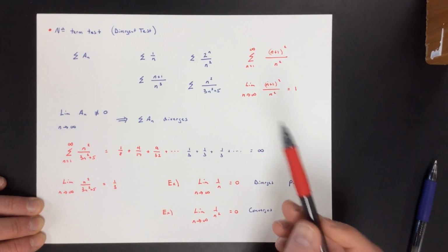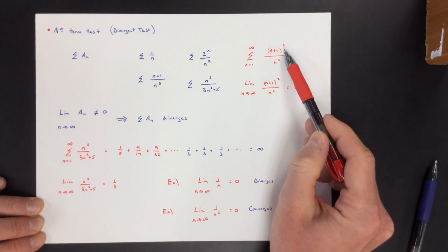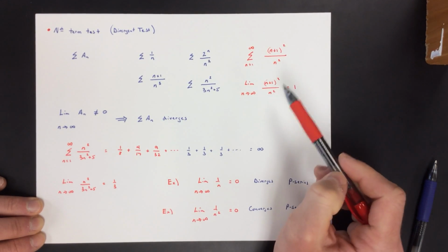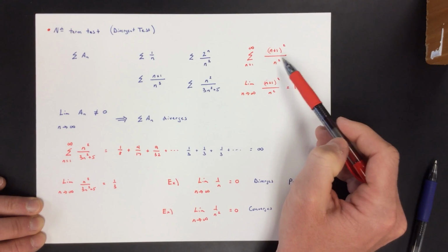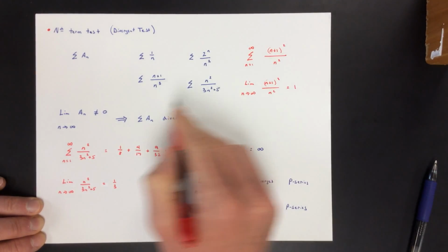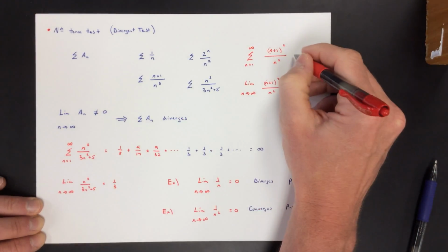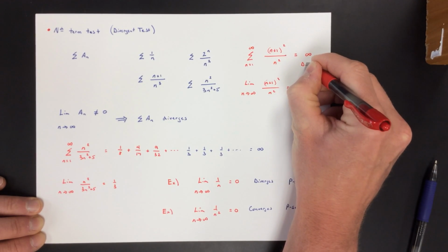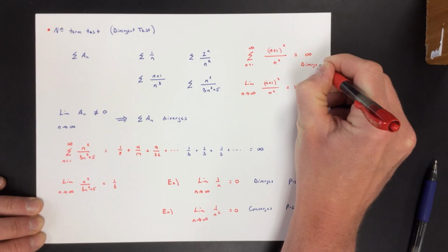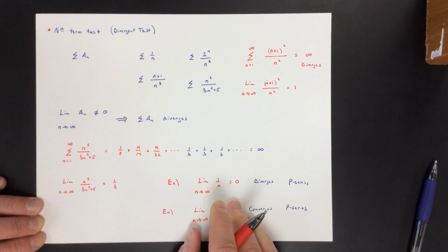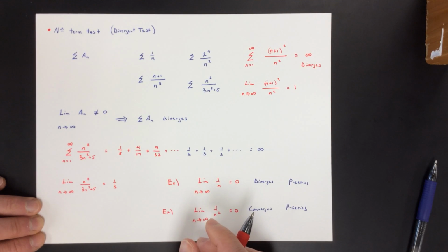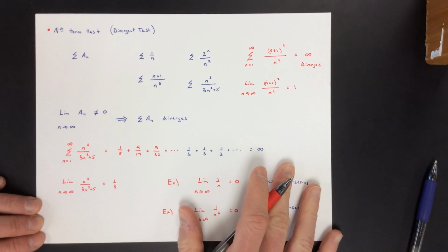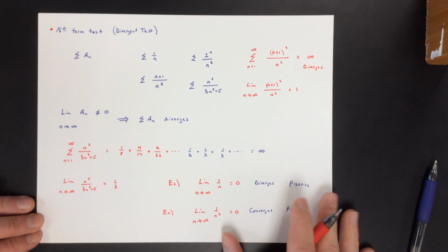So what we know is eventually this a_n is approaching 1, so eventually you keep adding 1 plus 1 plus 1 plus 1 plus 1. So we've shown that the limit is non-zero, thus we know that this is an infinite sum and we can claim that it diverges. Okay, so don't overcomplicate the nth term test. It's a pretty easy test, but again, it only proves divergence, not convergence. Okay?